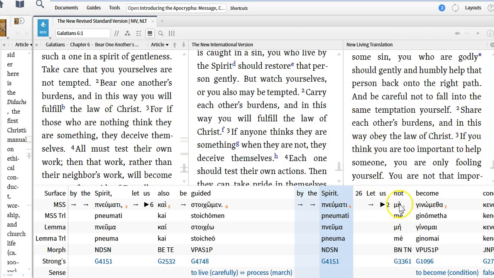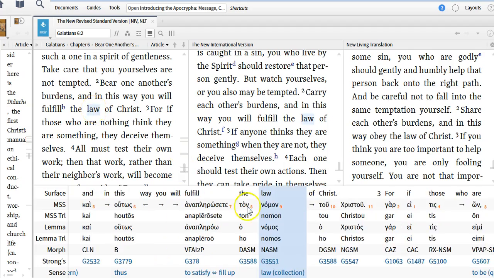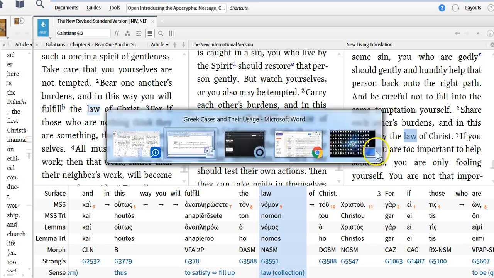And let's see, nomon is a noun in the accusative case, and it is in fact represented as a direct object in all three translations. The direct object of fulfill in the first two, the direct object of obey in the NLT.